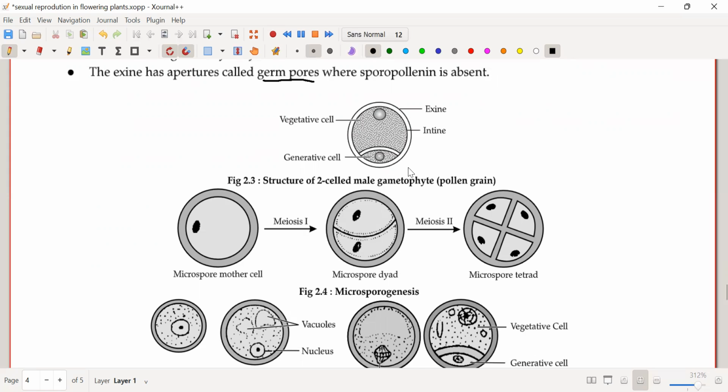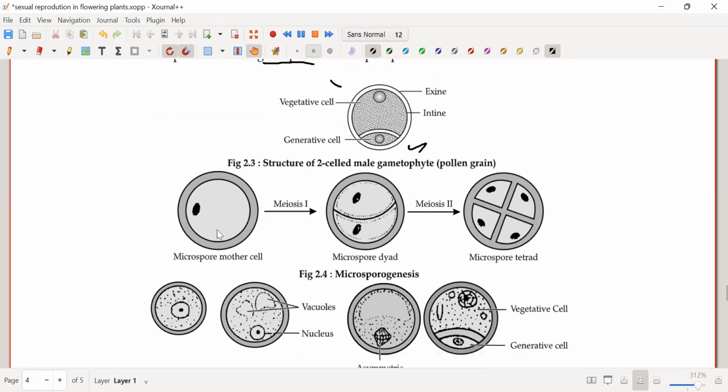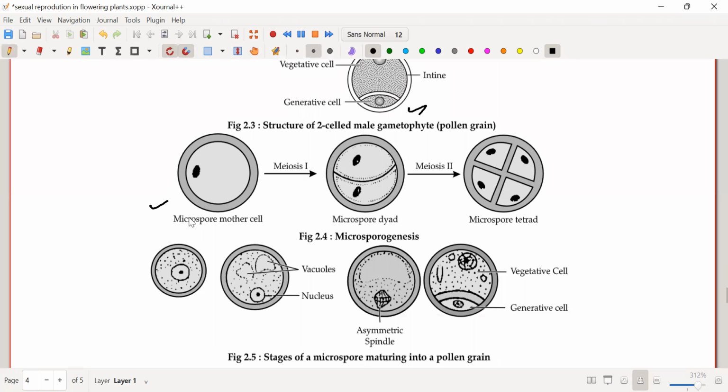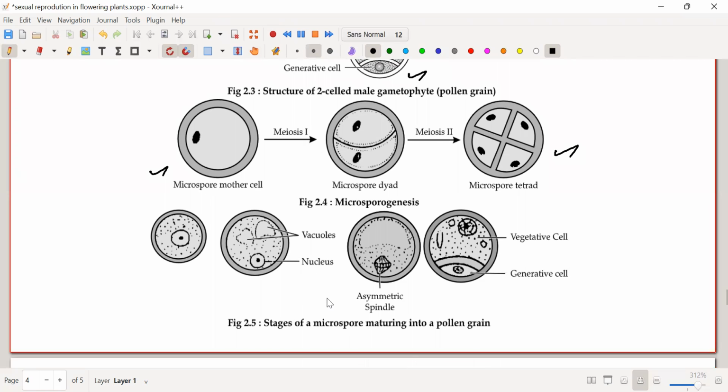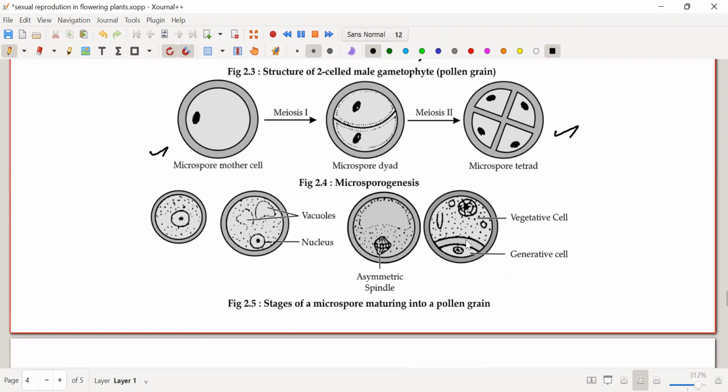One is the generative cell, which has a nucleus, and this one is the vegetative cell, which helps in nourishing the generative cell. The microspore mother cell undergoes meiosis and forms a tetrad, right? So this is how the pollen grain matures. This vegetative part will help in nourishment of this also.